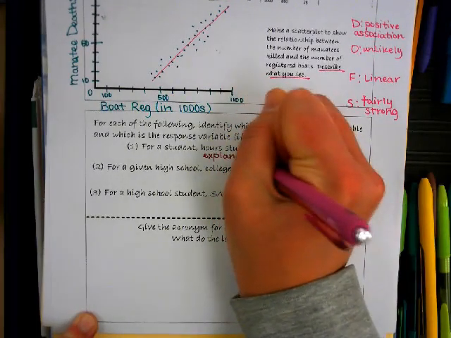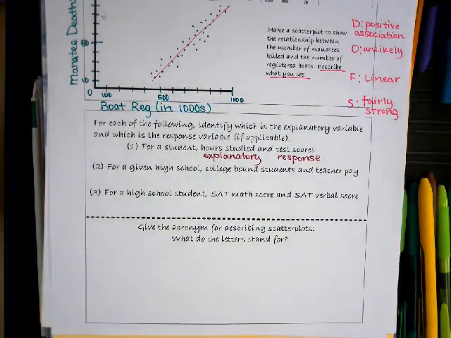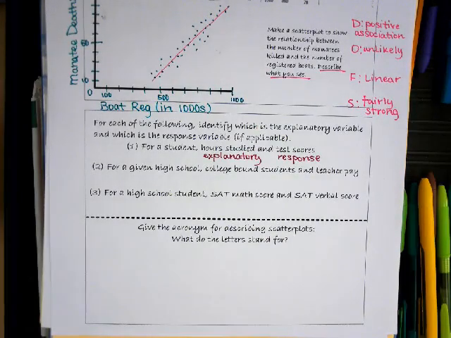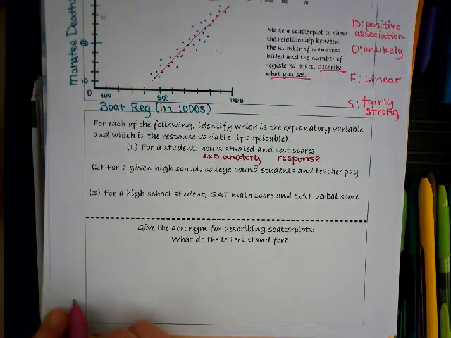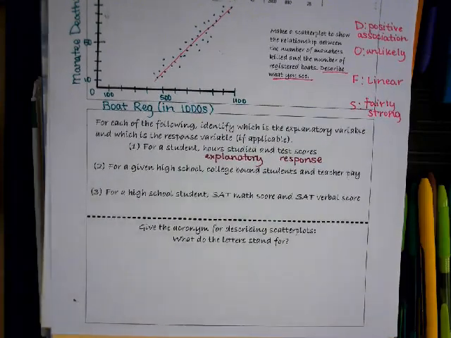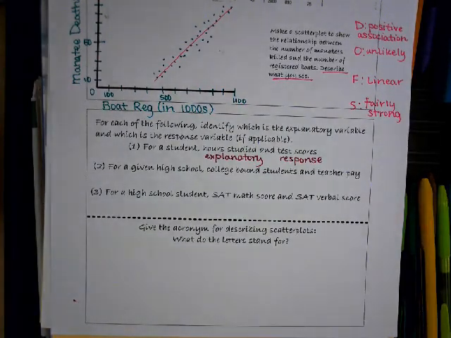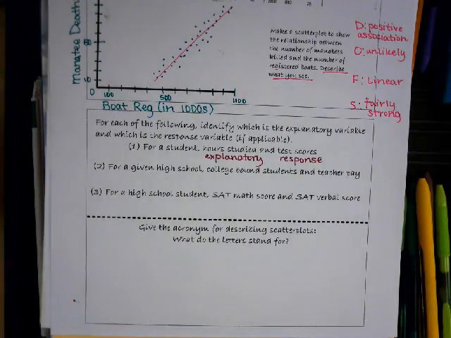And then 2, for a given high school, college-bound students and teacher pay. Which one do you guys think explains the other? Or which one do you think is the response to the other? Teacher pay will go up if there's more college-bound people. The more college-bound people, the higher the pay.